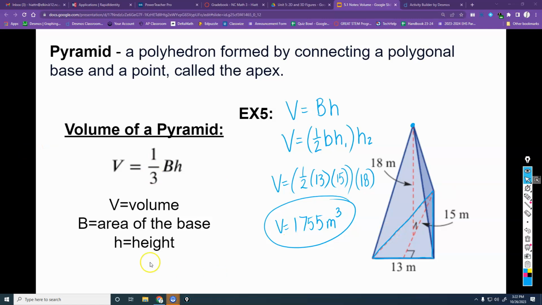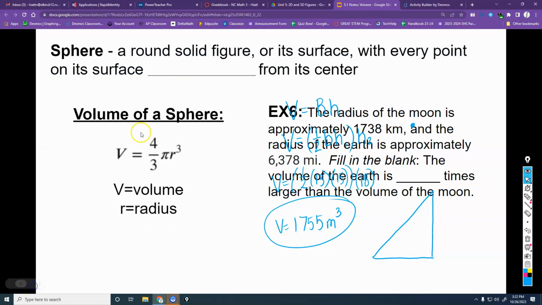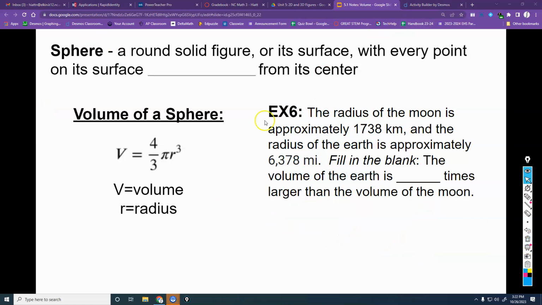All right, we have one more type of solid that we need to know how to find the volume of, and that is a sphere, which is just a ball. It is a round solid figure, or its surface, with every point on its surface equidistant from its center.